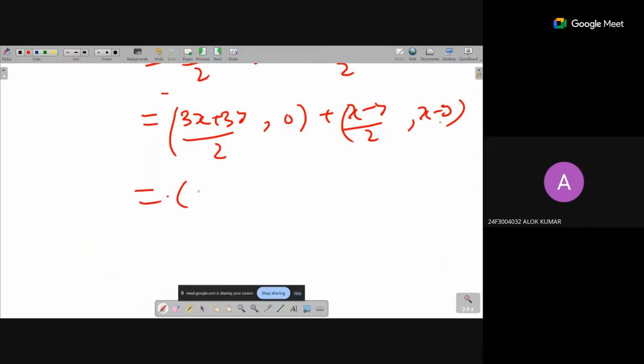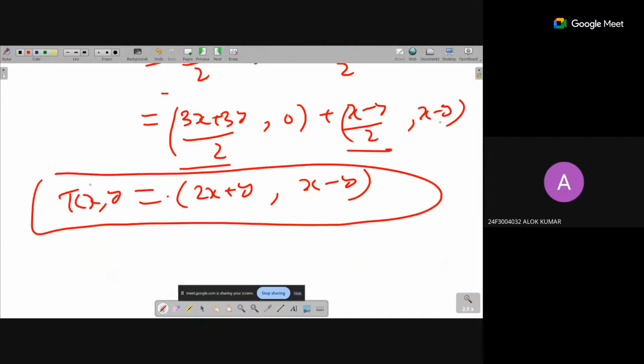It will come out as 2x plus y: if you add these two, you get 2x plus y, and if you add these two, you arrive at x minus y. Now this is the thing: the transformation of x comma y is 2x plus y and x minus y. So we were given a matrix, and from this matrix we derived what the transformation will look like. The transformation will look like this. Okay.